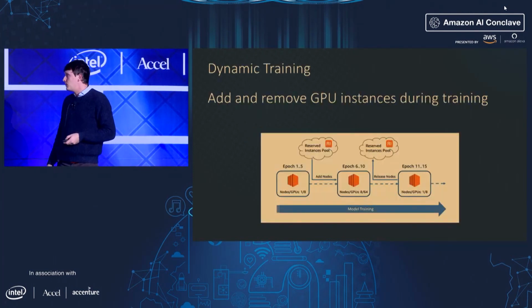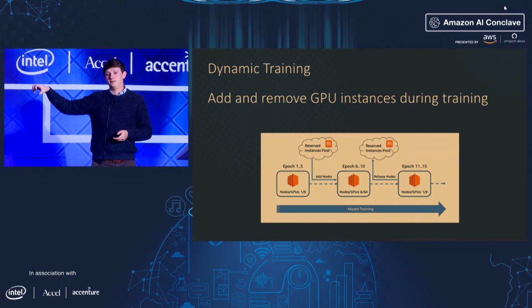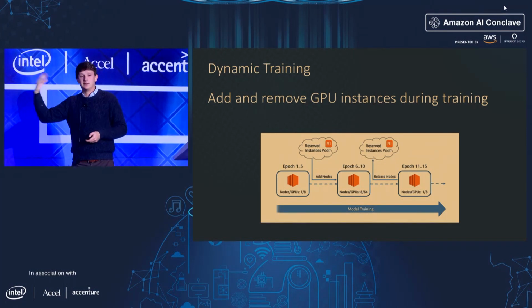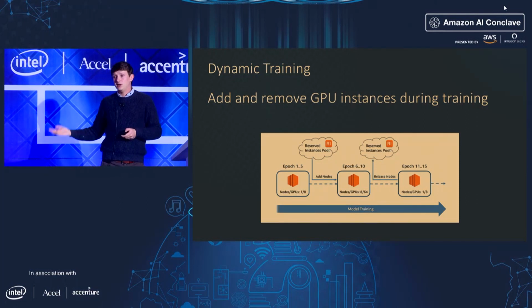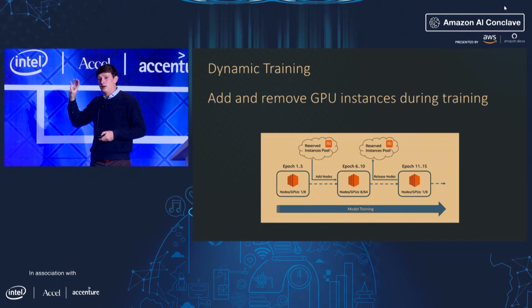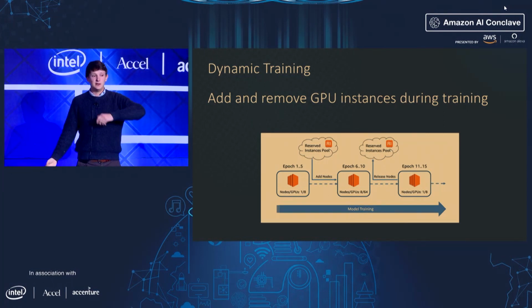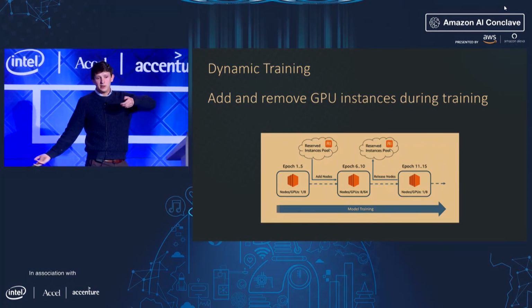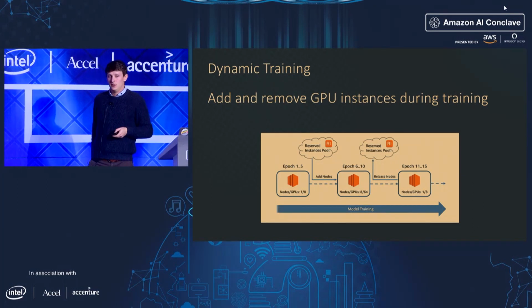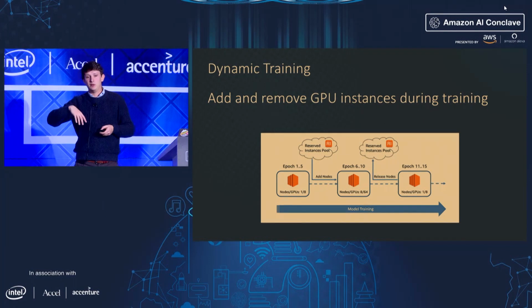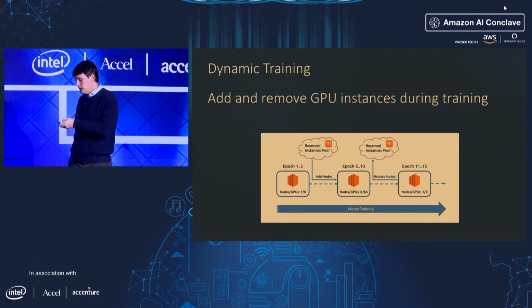With dynamic training, you can add instances to your training during training. So you don't say at the beginning, I need 6 instances, I need 10 instances, I need 20 or 256. During training, if you have available unpreempted P3 instances, for example, they just get added to your cluster. Because otherwise, they would be useless, sitting there idle. And if someone needs one, they get removed. So you can, between epochs, add and remove instances to your training.